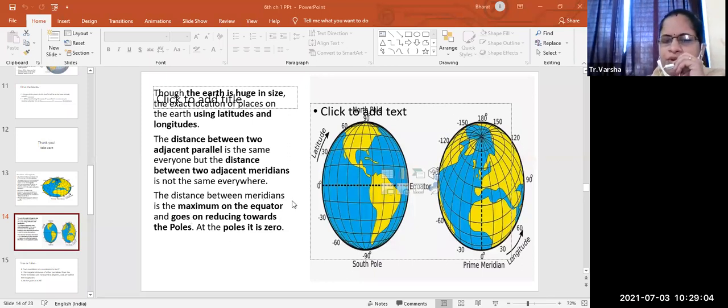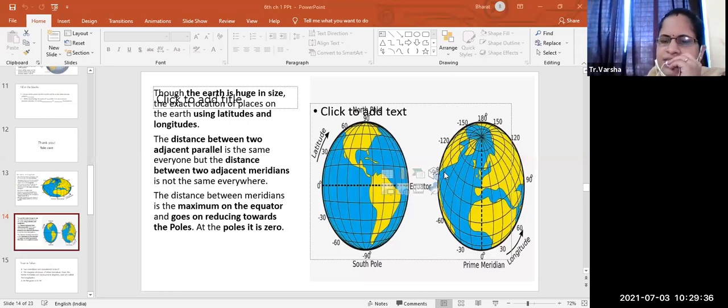The distance between meridians is maximum at the equator and goes on reducing towards the poles. Why is it maximum at the equator? If you see a ball, the ball is bulgy, bulgy in the sense fat from the middle, and it goes on reducing when we see the end or edge of the ball.